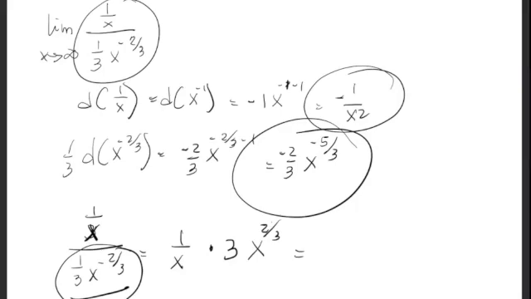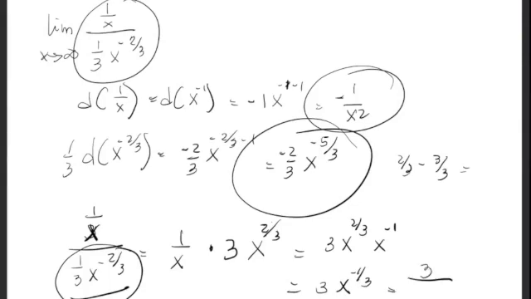So you can evaluate this as 3x to the 2/3. Then the 1 over x, you can write as x to the negative 1. Using the law of exponents, that could be 3x to the 2/3 minus 1, or 2/3 minus 3/3. That gives you negative 1/3, right? Or 3 over x to the 1/3.